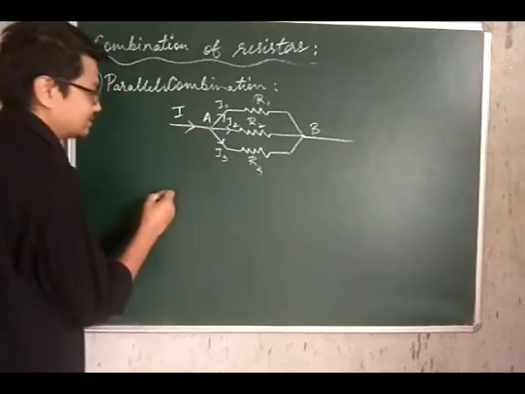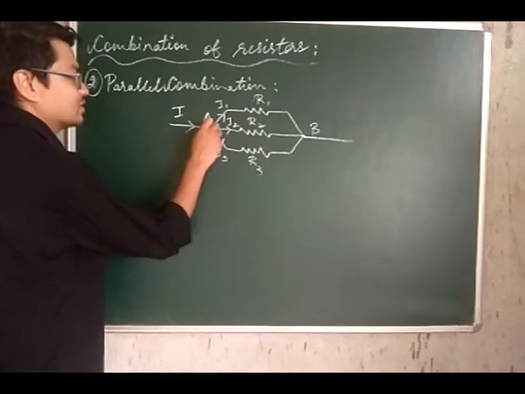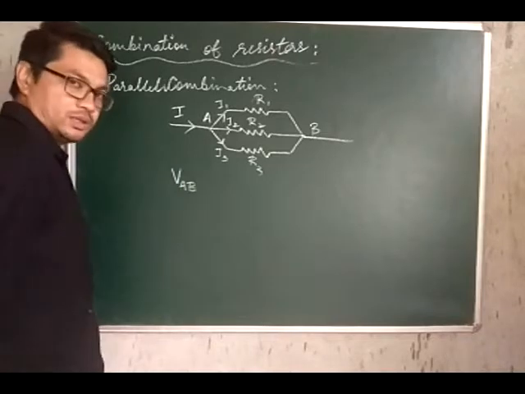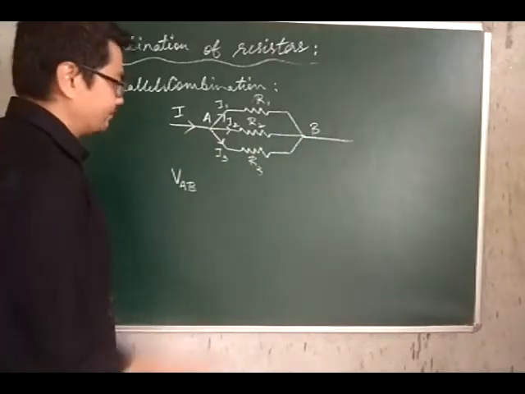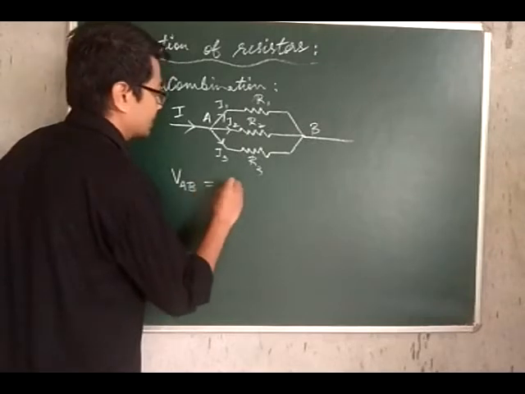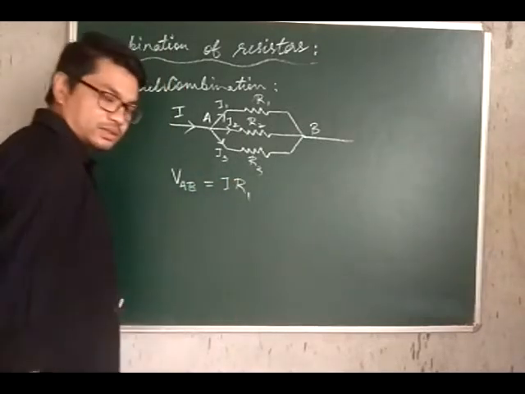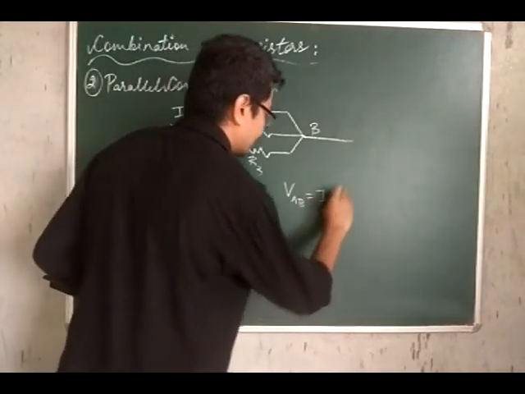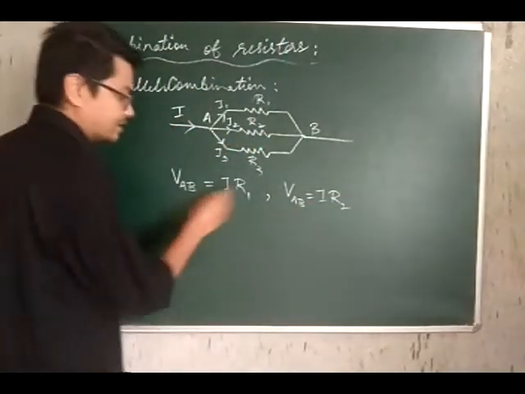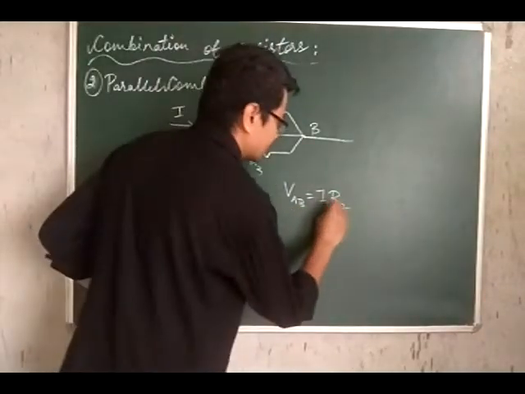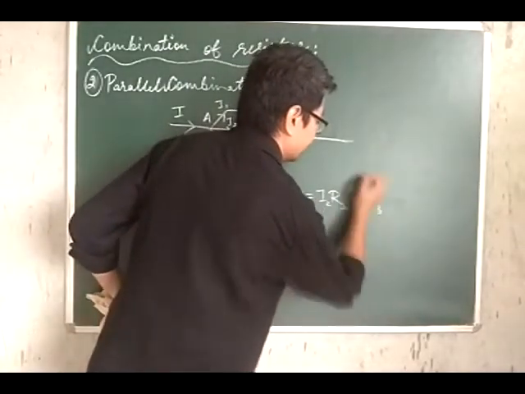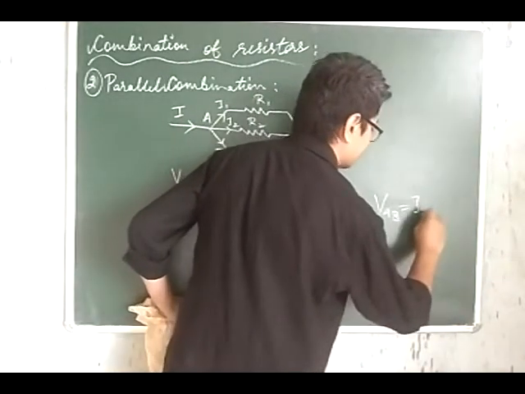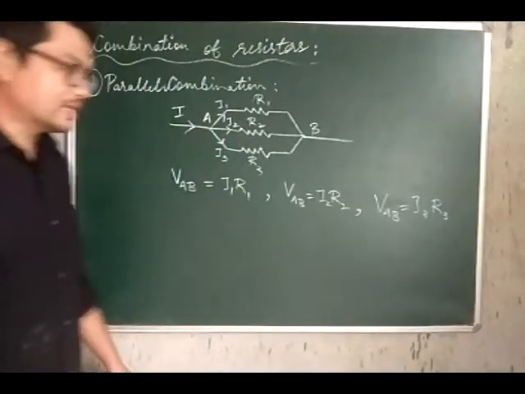Now what we can write is the potential difference across points A and B, VAB. This is equal to I1 into R1, and we also see that VAB is equal to I2 into R2. Also for the third resistor we can write VAB is I3 into R3.